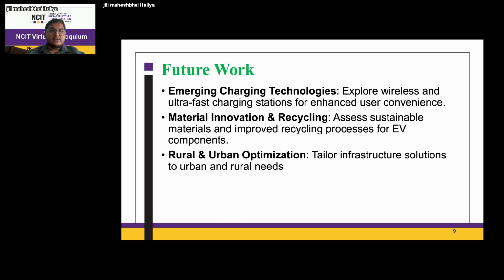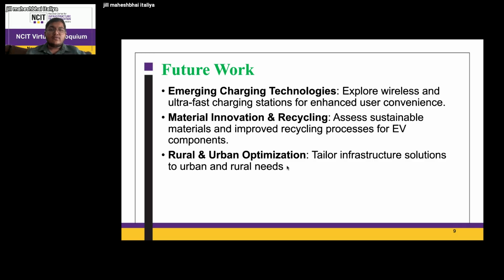The future work would be emerging charging technologies, as nowadays a few countries are focusing on wireless charging. They can just drive on the road and the car will automatically charge. And ultra fast charging stations for enhanced user convenience, which can be implemented anywhere.